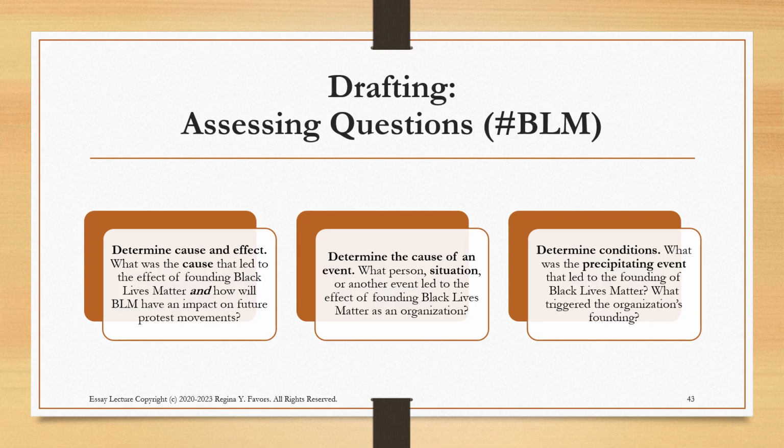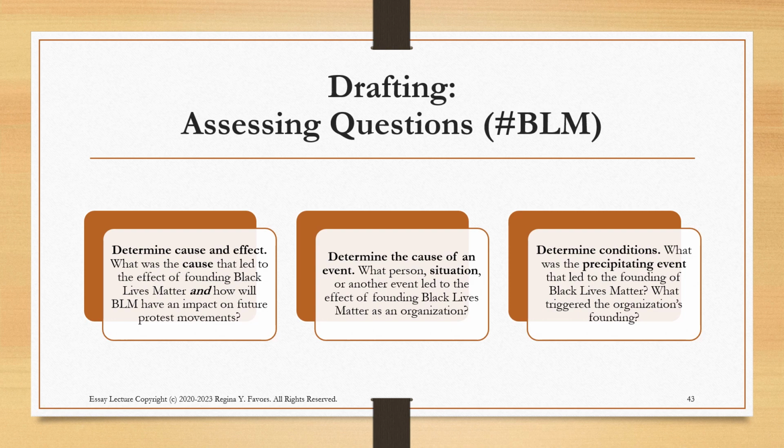So in assessing questions about Black Lives Matter, determine cause and effect. What was the cause that led to the effect of founding Black Lives Matter? And how will BLM have an impact on future protest movements? Okay. Determine a cause of an event. What person, situation, or another event led to the effect of founding Black Lives Matter as an organization?